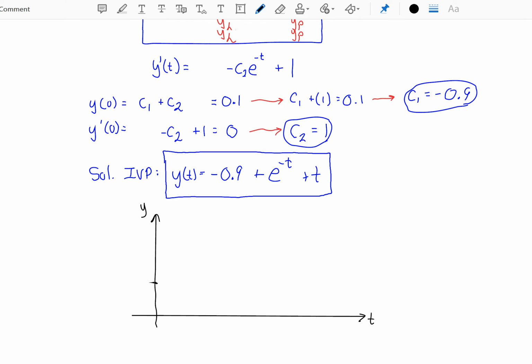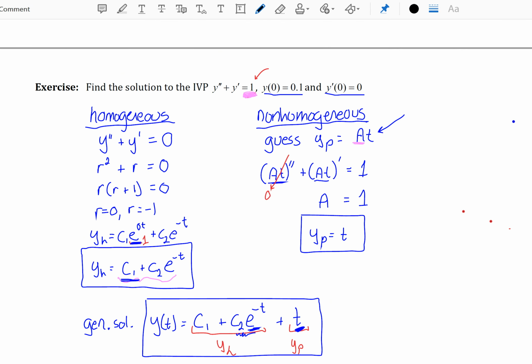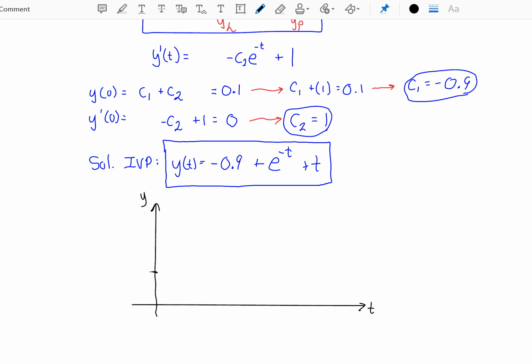It was 0.1. So here we had y of 0 is 0.1. And I want to consider for this solution, what is the limit as t goes to infinity?